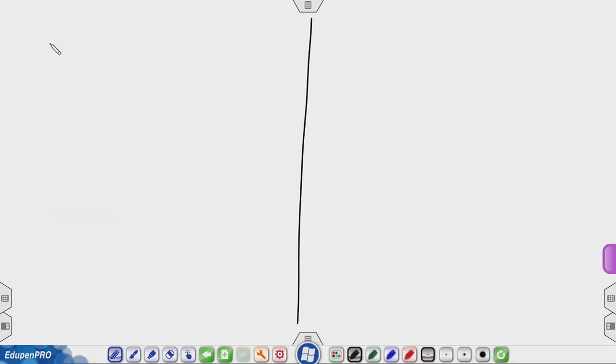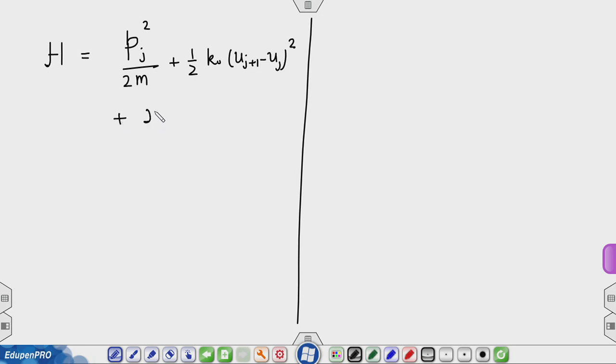So, let us see how we do that. First I write the Hamiltonian for the collective system. This is going to be P j square over 2 m, the ion kinetic energy, plus 1/2 k 0 u j plus 1 minus u j square. This is the original Hamiltonian, plus the Hamiltonian for the particle, which is like the free particle Hamiltonian, plus the interaction.